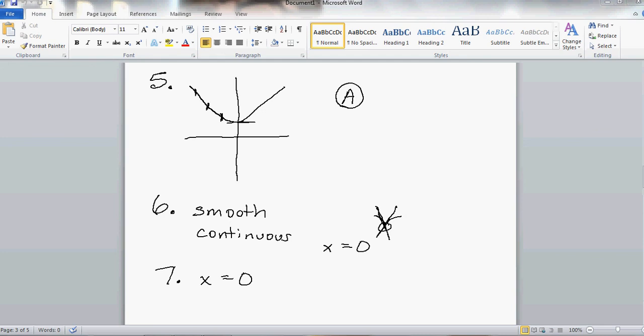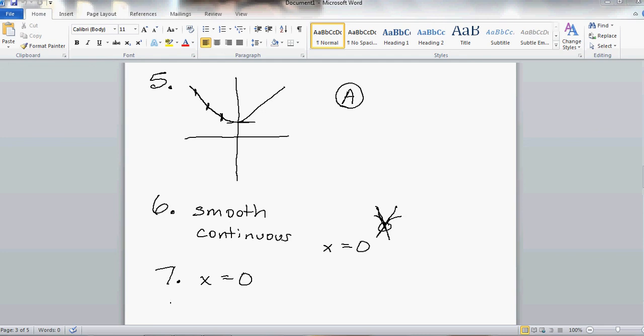It's sort of like the limit: if you have two different limits coming from the same place, then the limit doesn't exist. Here, the derivative does not exist because we wouldn't know which side to pick. That's why it has to be smooth and continuous.